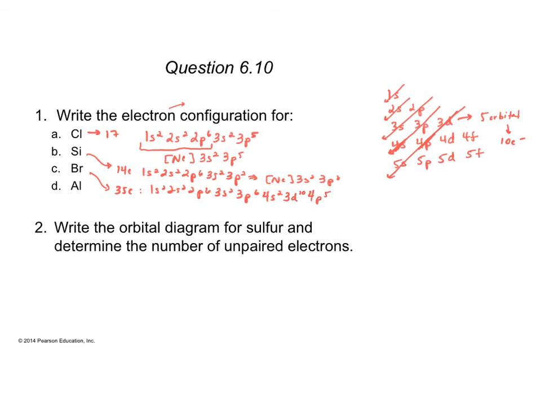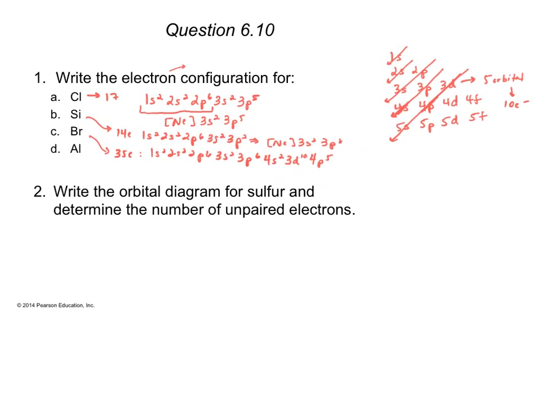So again, this filling of the third shell is represented by the noble gas argon, okay? So this could also be written as argon, 4s2, 3d10, 4p5.